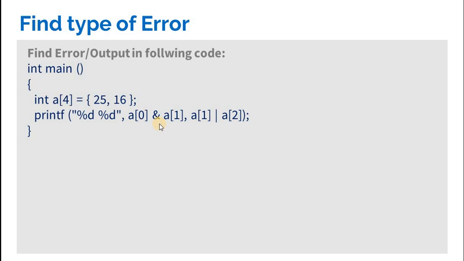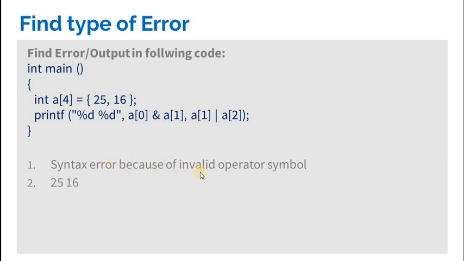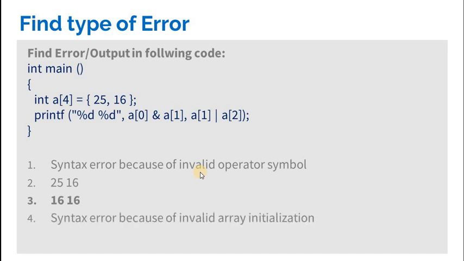Operators are also very important in MCQs because lots of questions can be made using this concept. So is there a syntax error because of invalid operator symbol, or is there correct output, or a syntax error because of invalid array initialization? So option 4 is not at all, because it is correct initialization of the array. We can declare like this.